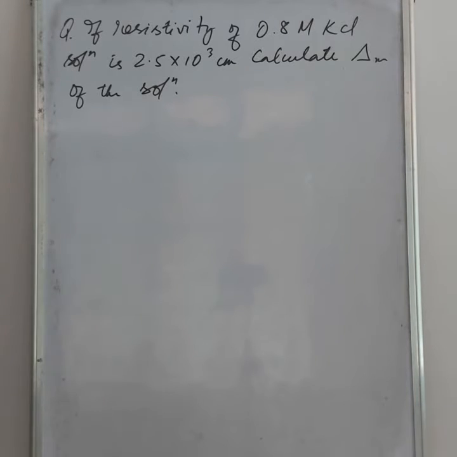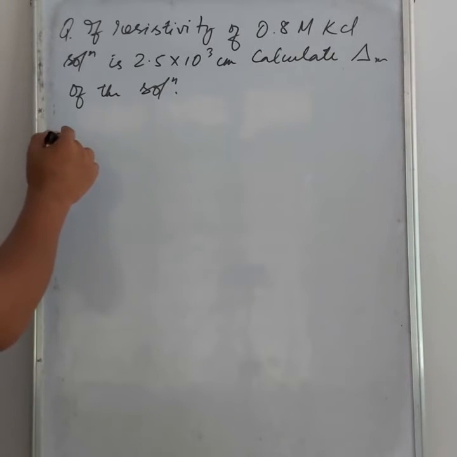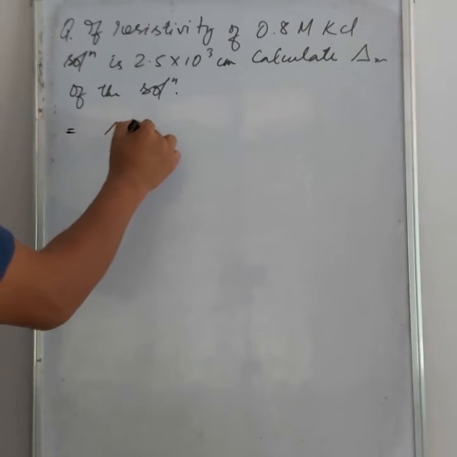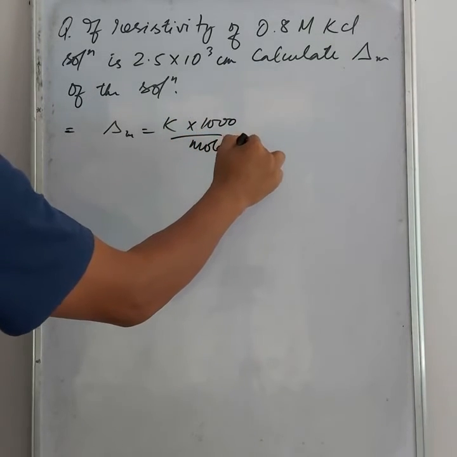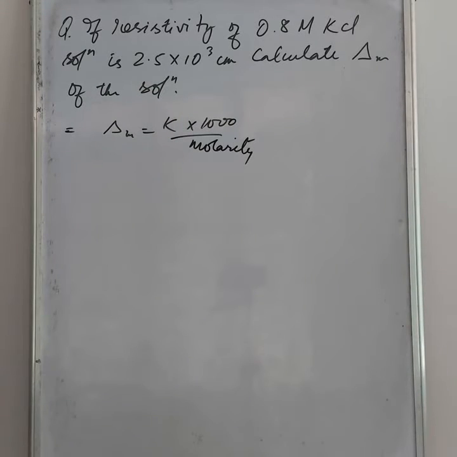So here's an example. They've given us the resistivity of a 0.8 molar solution, and we have to calculate the conductivity and molar conductivity. So we know that the molar conductivity is equal to kappa into 1000 over molarity. So if you plug in these values, then you'll get the answer.